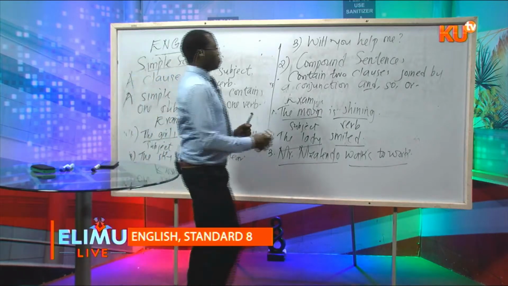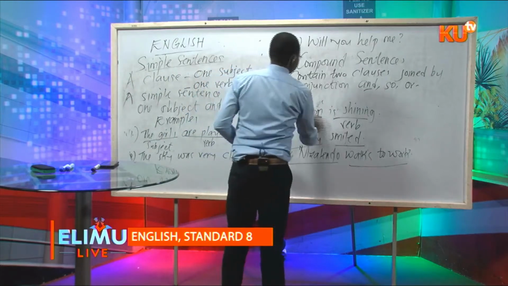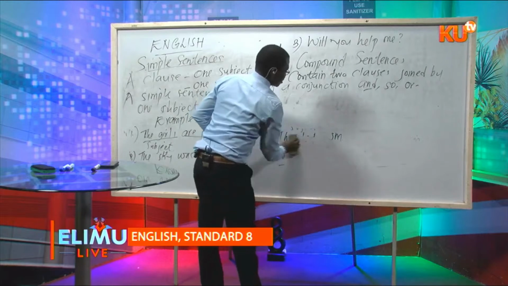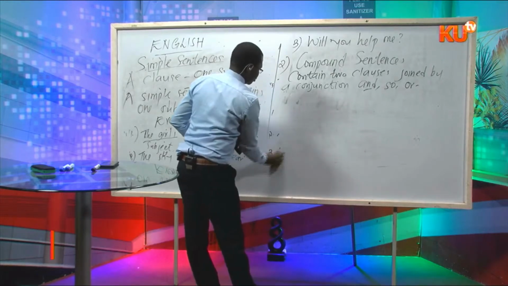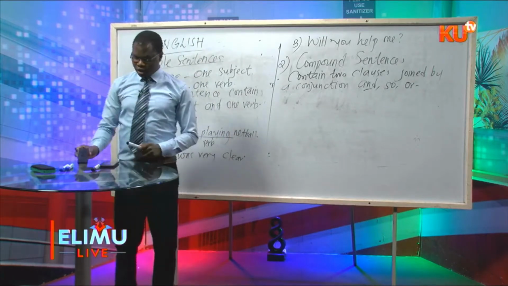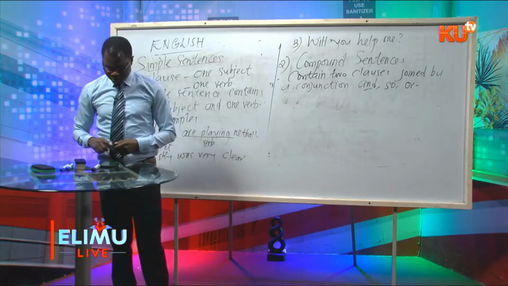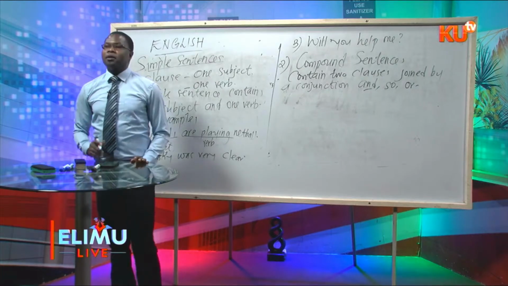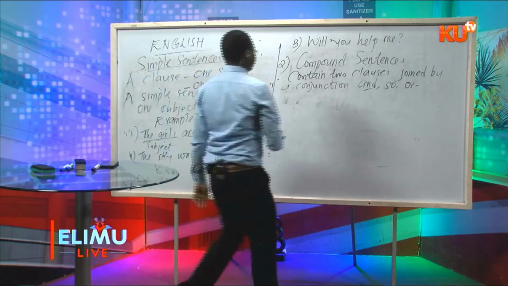I want to give an example of a compound sentence. We have said they have two clauses joined together by what we call a conjunction, a joining word. She opened her bag and packed her books.